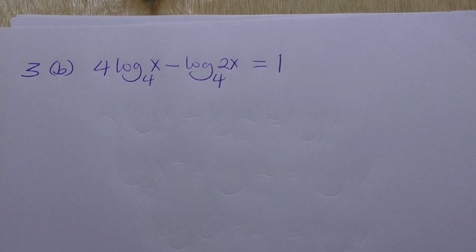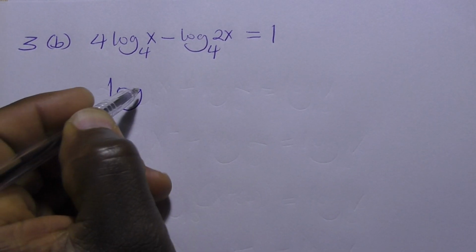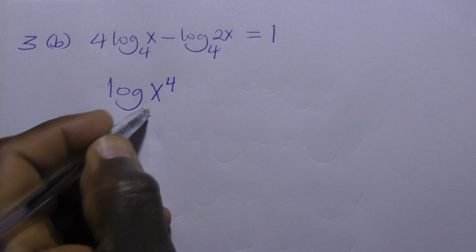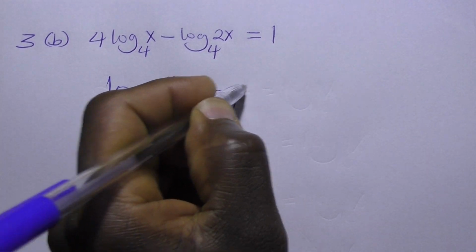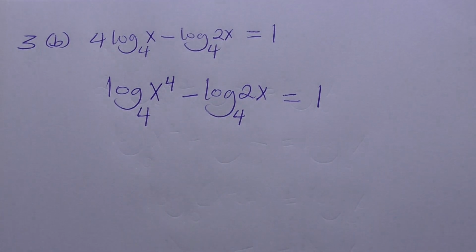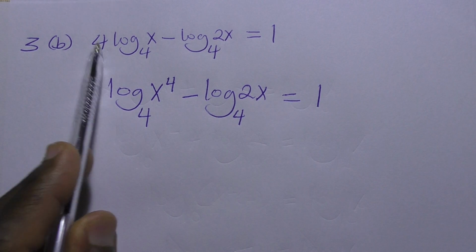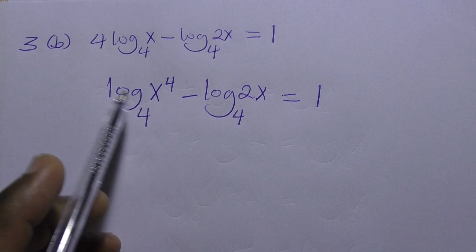So that is, we shall have log x power 4 base 4 minus log 2x base 4 equaling 1. That is our first step, to bring this up so that it becomes a power of x.